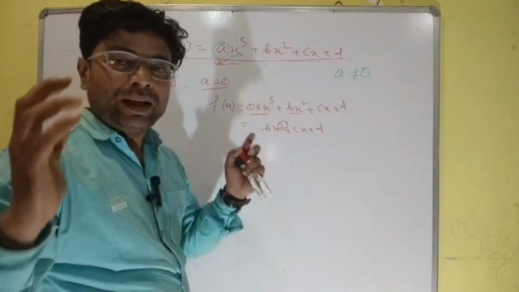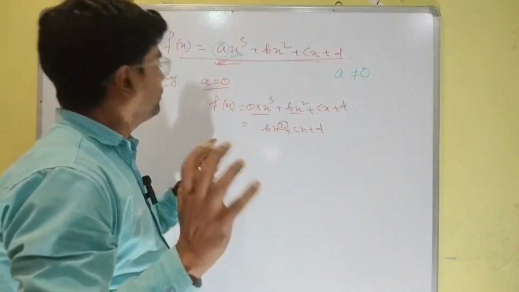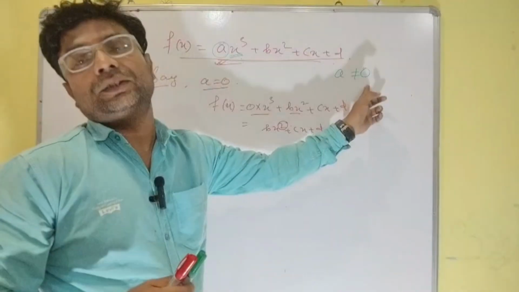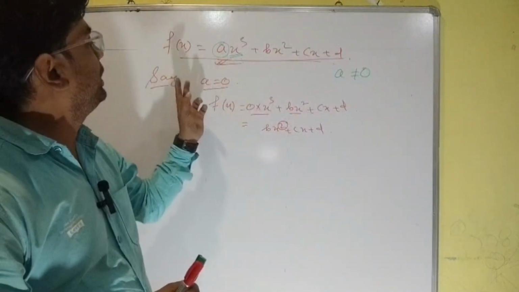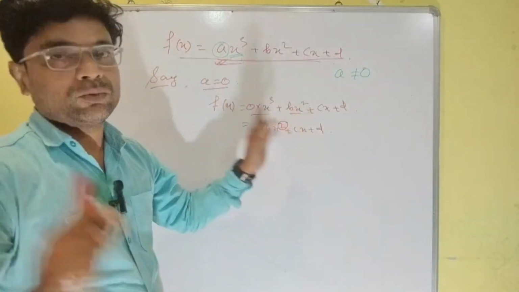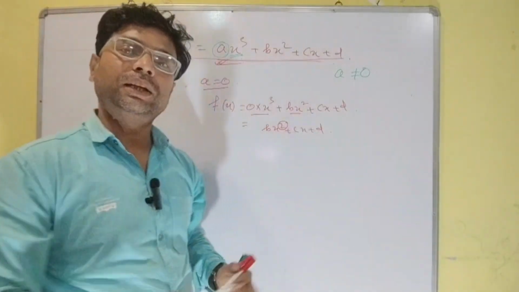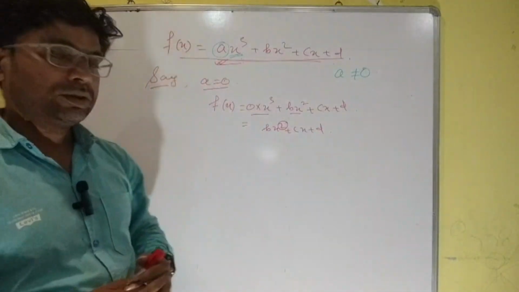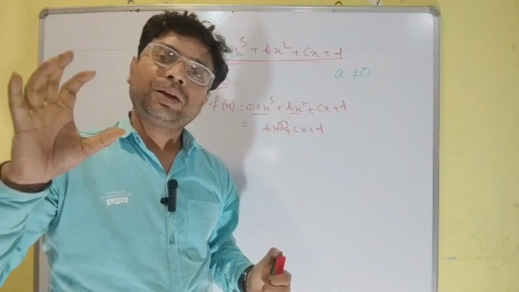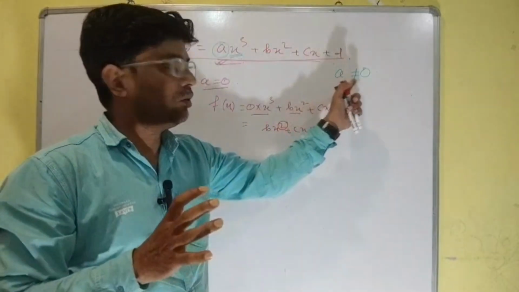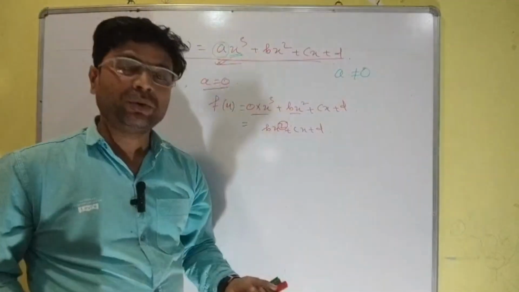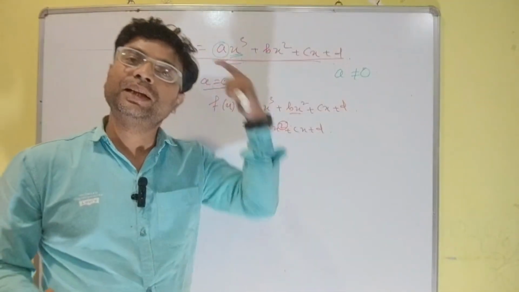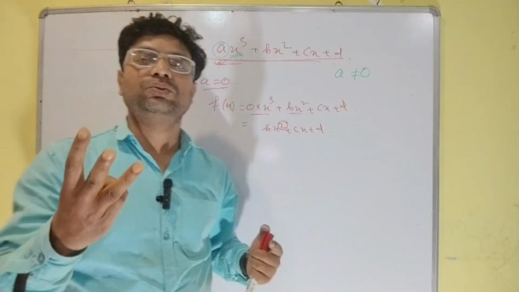F of x is a cubic polynomial if a is not equal to 0. If a is equal to 0, it becomes a quadratic polynomial. Clear? So f of x is a cubic polynomial only when a is not equal to 0. Since I am considering a cubic polynomial, it must have three zeros.